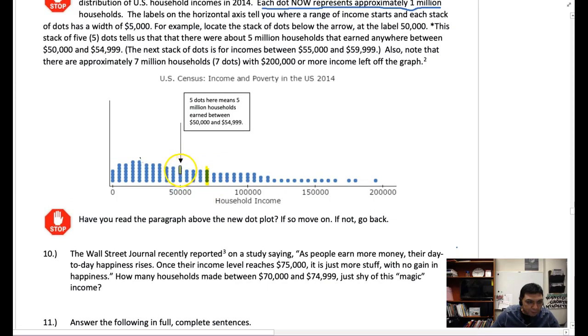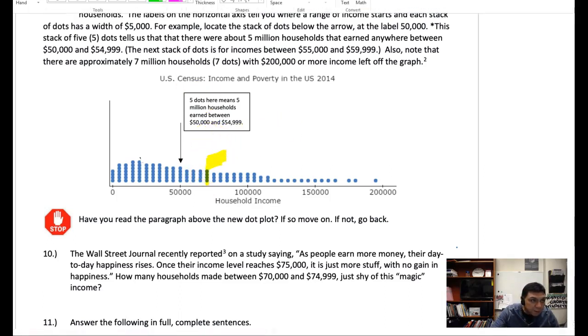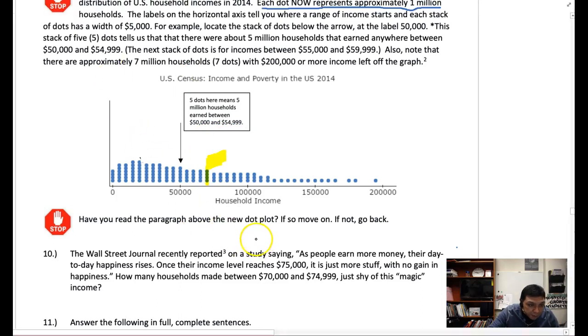If this is 50 to 54, then this would be 55,000, 60,000, 65,000, and 70,000 to 74,999. So we're looking at that value right there. How many households is that? That is 4 dots.